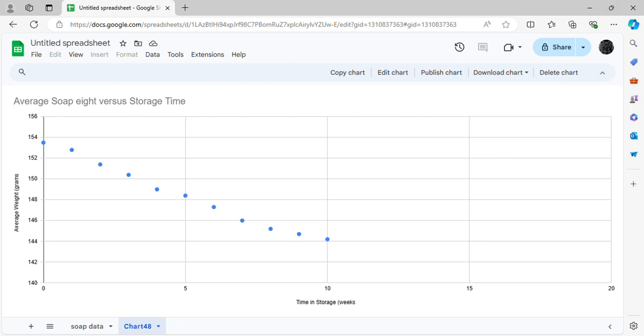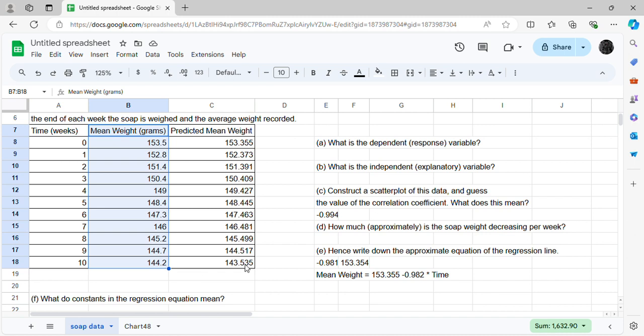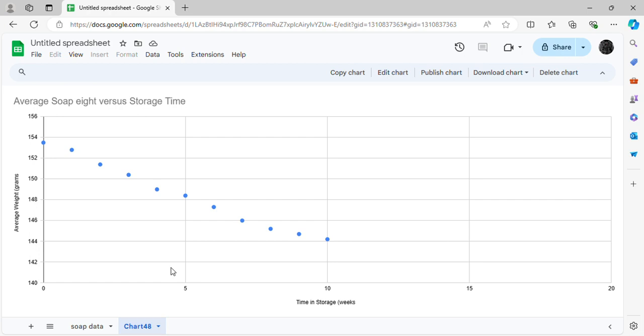So this is the scatter plot of the data, and we guess the value of the correlation coefficient. What does this mean? Now the correlation coefficient will be a negative value, and it will be very close to -1 because it shows a strong linear negative correlation.